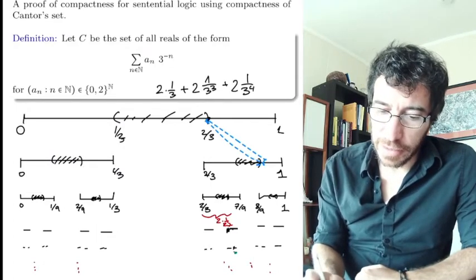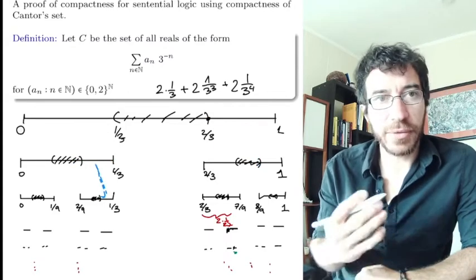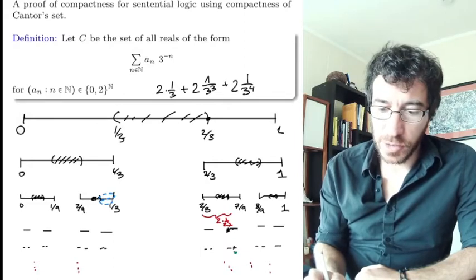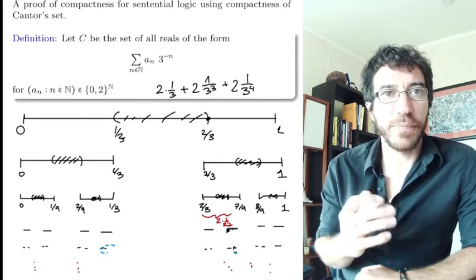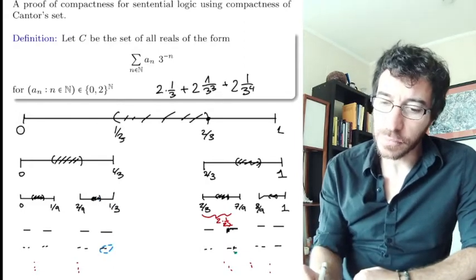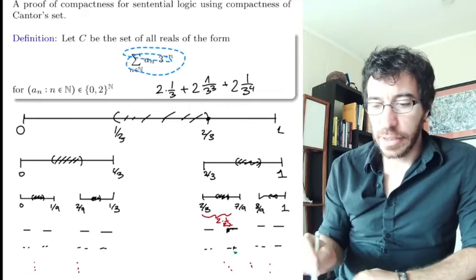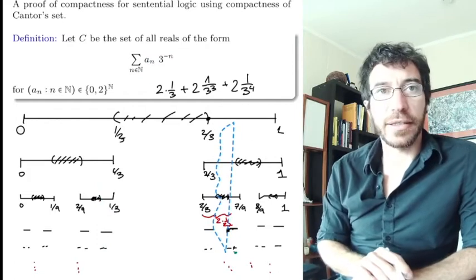Whenever we are in an interval and want to go to the right-hand side, we add 2 times 1/3 to the 3, 1/3 to the 4, 1/3 to the 5. So every number that you can write as a series like these is exactly a number in the Cantor set.